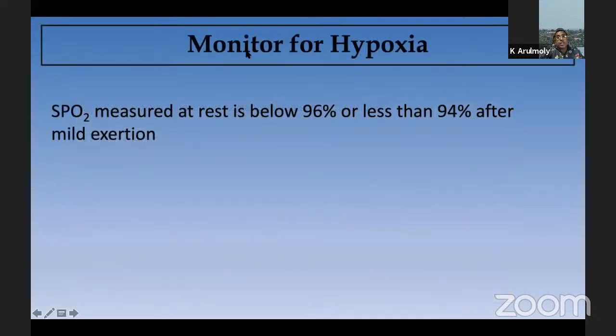So we classify according to the severity and hypoxia, and you should monitor hypoxia to assess the severity. Severity and disease progression are important. With that only we decide the treatment and so on.